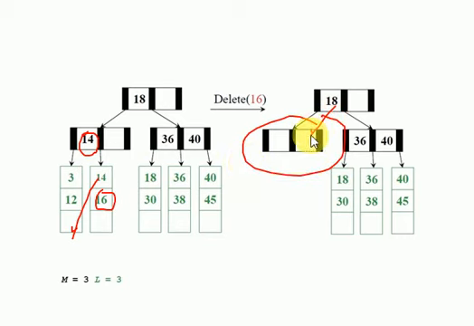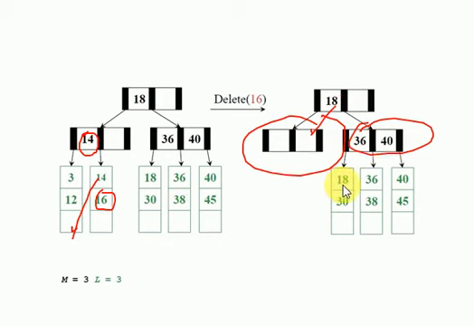Actually we have combined this node plus this parent plus this node, and then we got 18, 36 and 40. But this is a B tree of order 3, so the maximum number of keys in a node will be 2. Here there are 3 keys, 18, 36 and 40. So we have shifted 36 to the upper level, and 18 and 40 will divide, that is, 36 will become the parent and 18 and 40 will become children in the B tree.